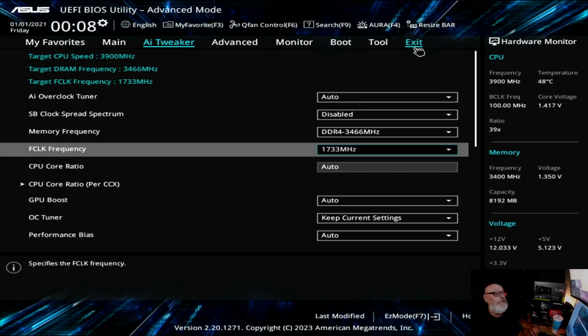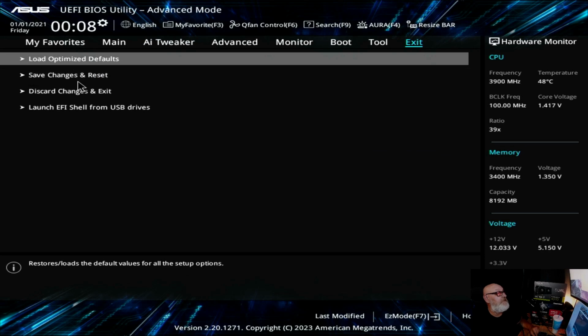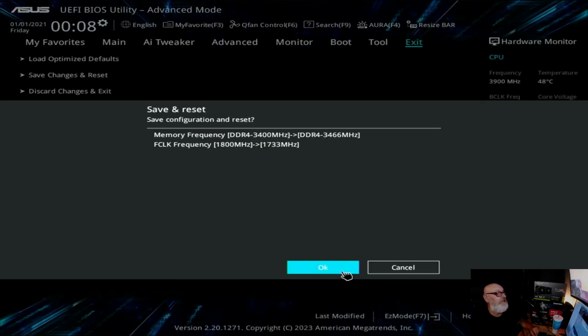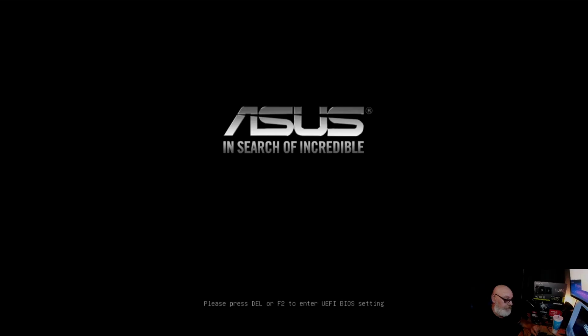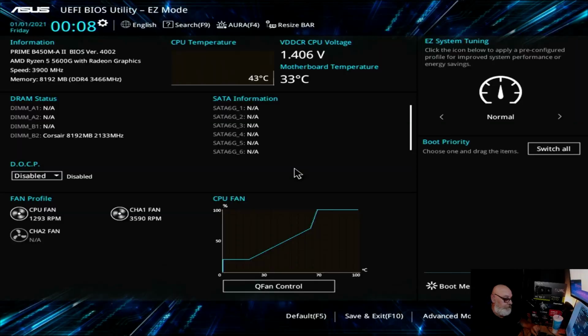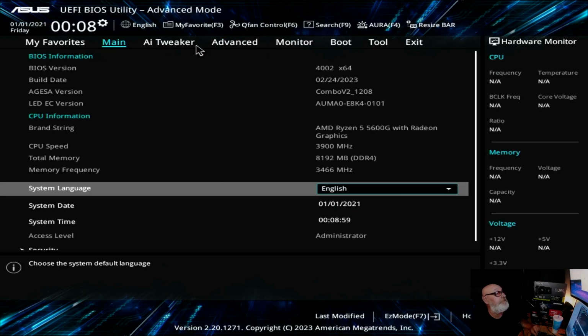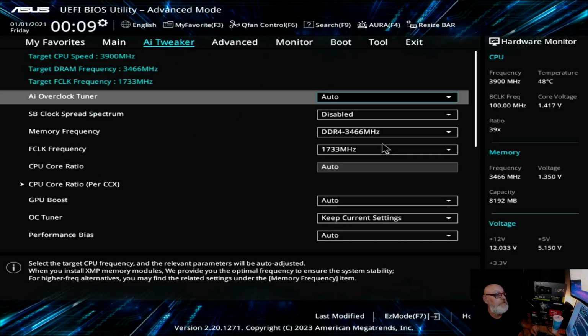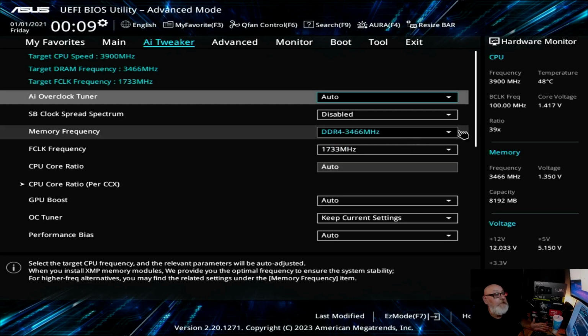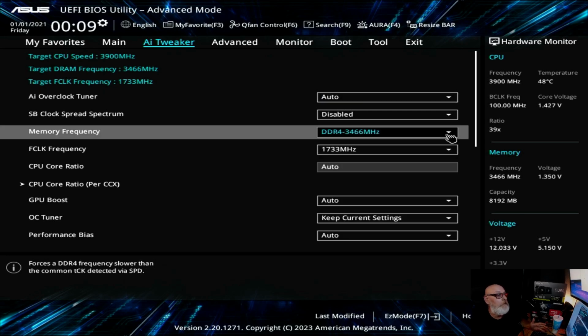Now what we're going to do is test it and save and exit and reset. We do this over and over until we find where it crashes. And so far we haven't crashed yet. So we go back to the advanced mode. Now we can go up one more.